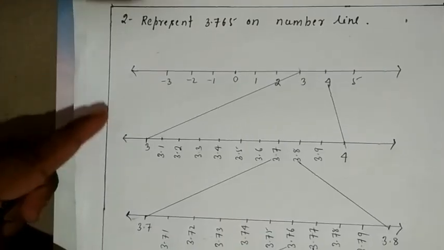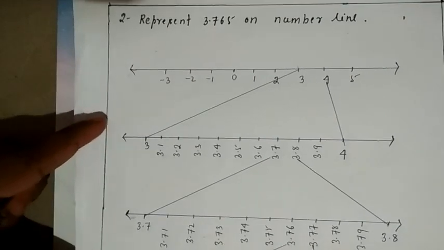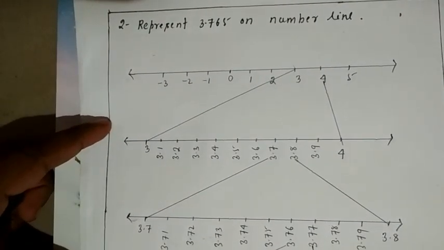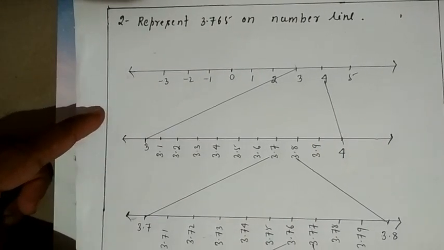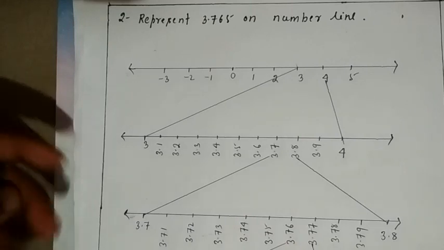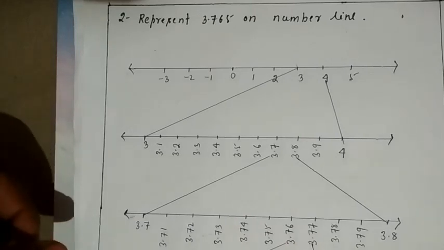Now students, I will explain the second example. Represent 3.765 on number line. You know that 3.765 is a terminating decimal expansion. Now I'll explain how to locate or represent it on number line.